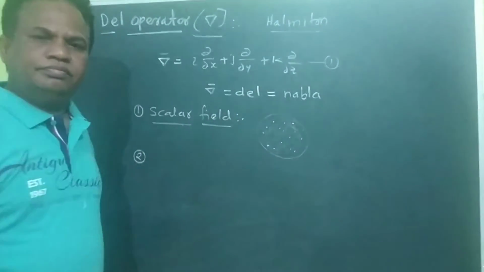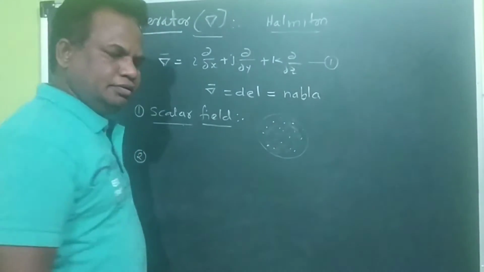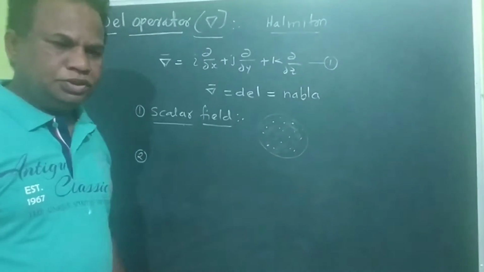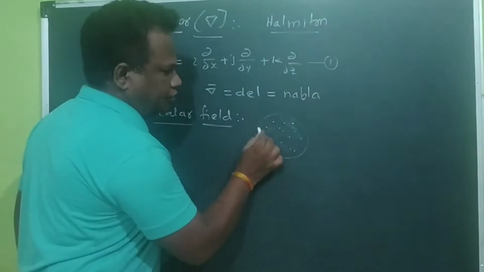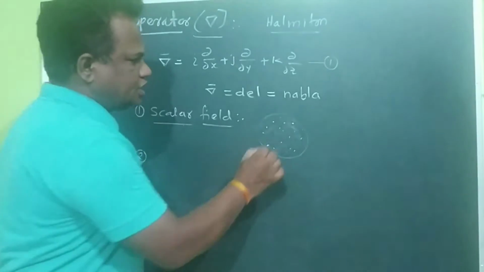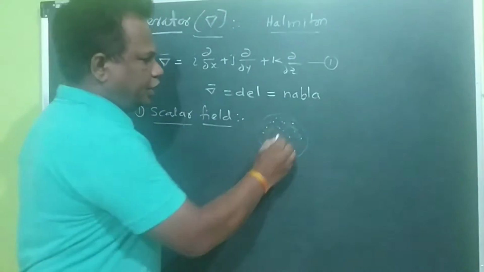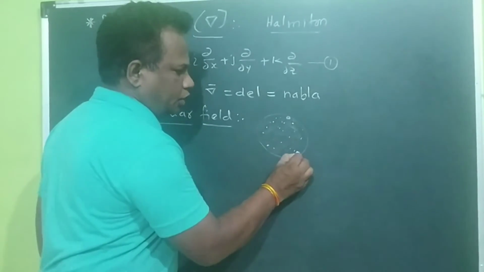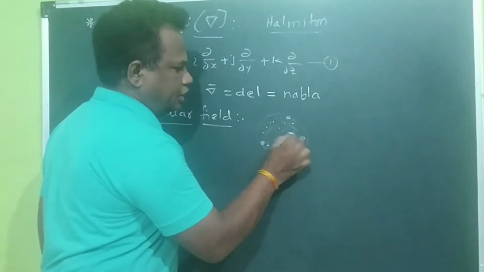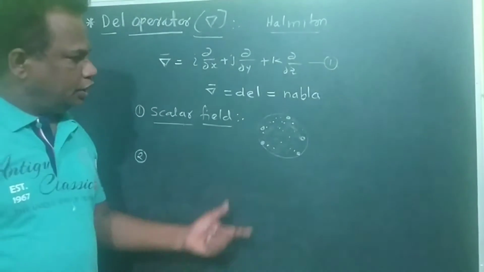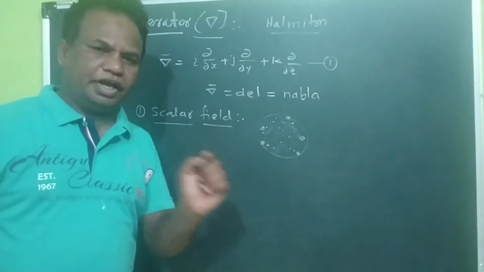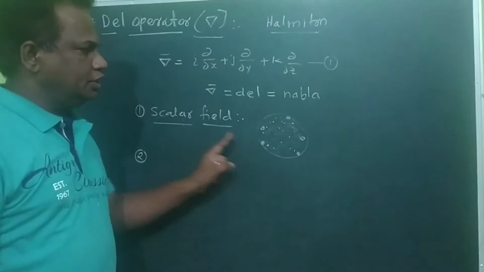Let's say temperature, or let's say magnetic field or electric field. These are assigned only a magnitude, and they do not require direction. What is the temperature here, here, here? It can be explained only by using magnitude, and therefore this field is called a scalar field.